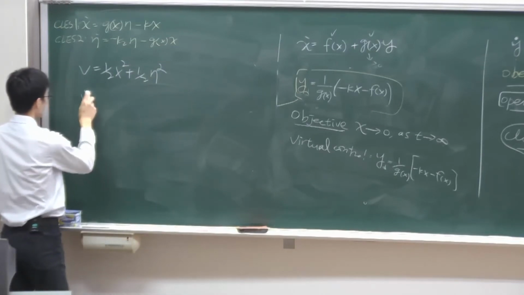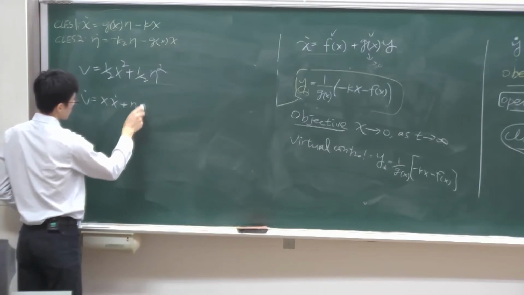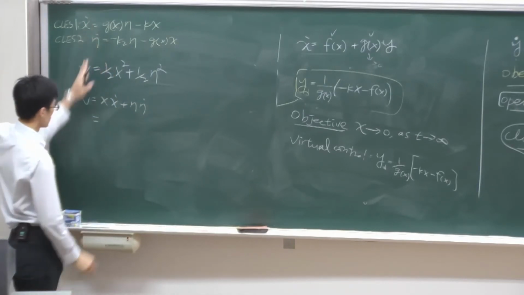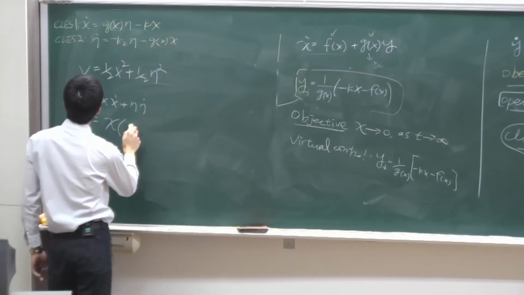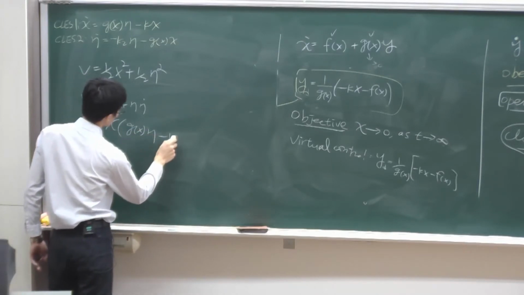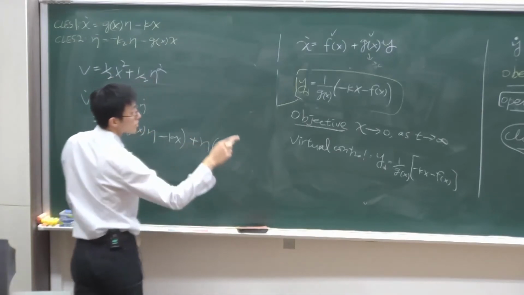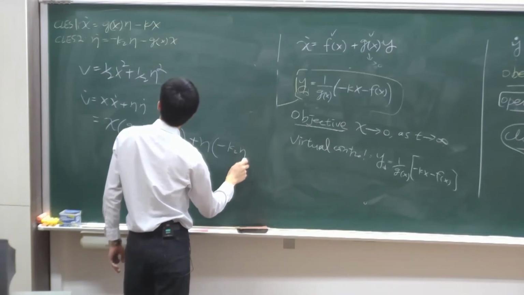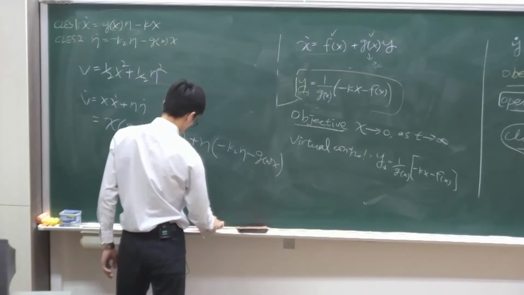You take the time derivative, you get this, and you substitute the closed loop dynamics: gx eta minus kx plus eta times minus k2 eta minus gx x.